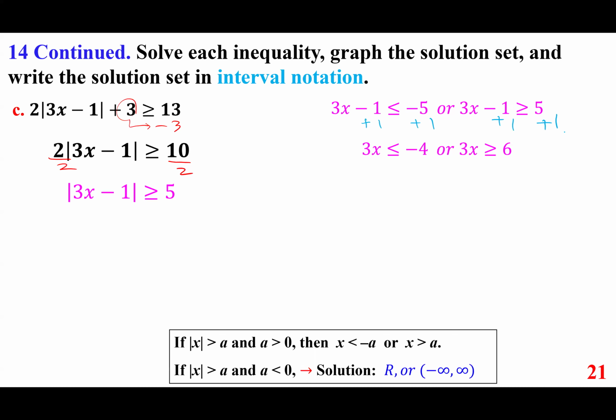The first one becomes 3x less than or equal to negative 4, or the second one becomes 3x larger than or equal to 6. We're going to divide everything by 3. x is less than or equal to negative 4/3, or x is larger than or equal to 2. This is the inequality solution.